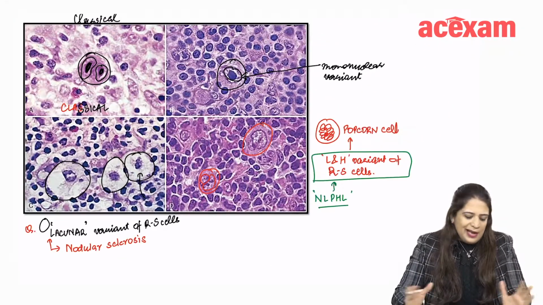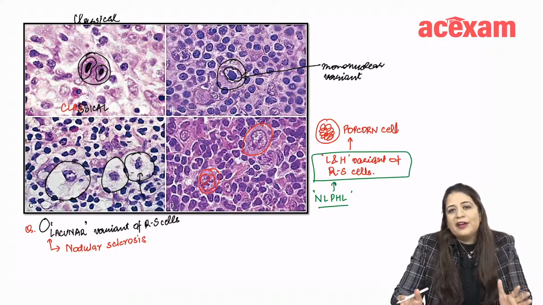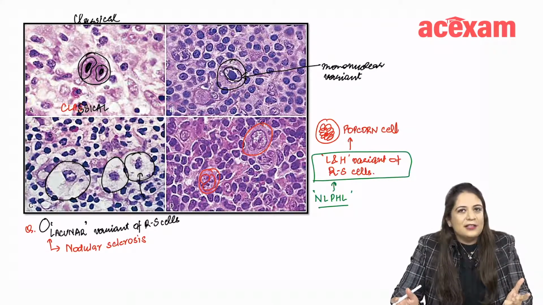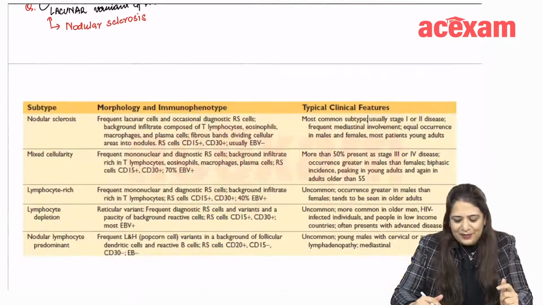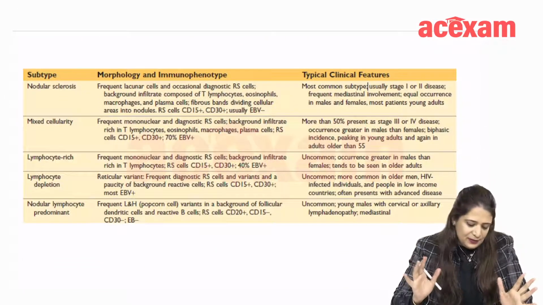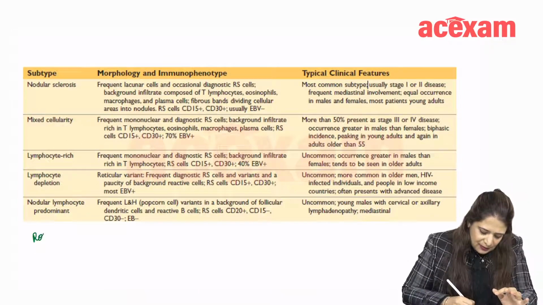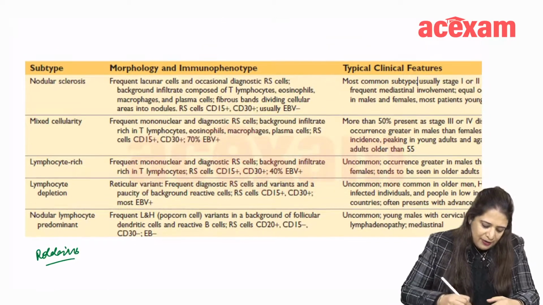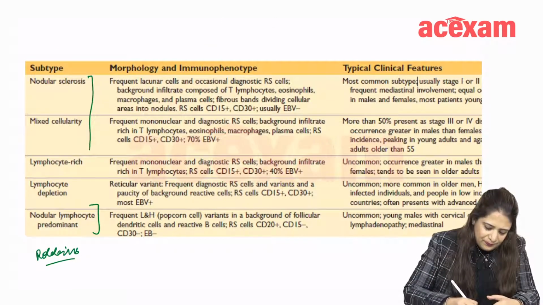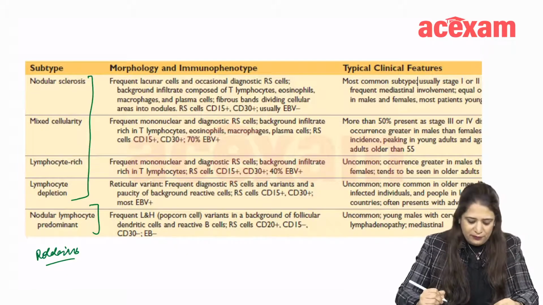Looking at these morphological types, you must be wondering, oh God, I have just forgotten the histological types of Hodgkin's lymphoma. Don't you worry, we'll just recap that too in this brief table. This table has been taken from the beautiful book Robbins. There are two major types of Hodgkin's lymphoma.